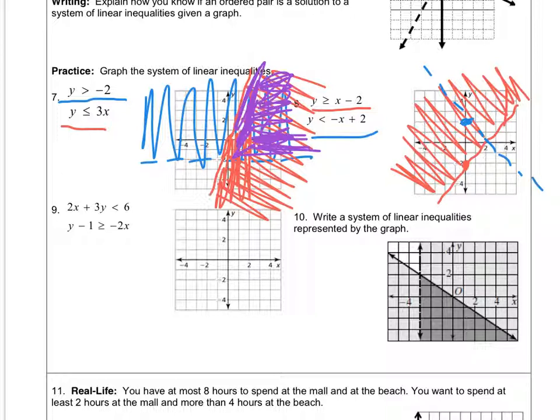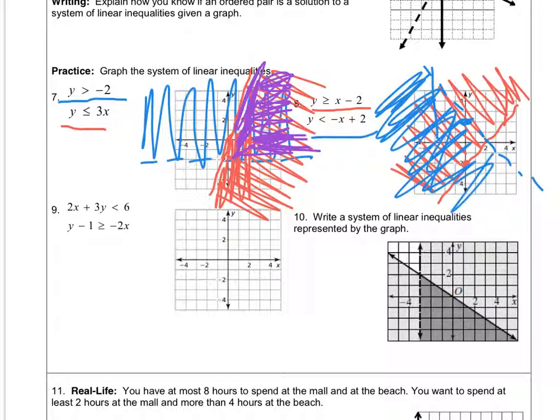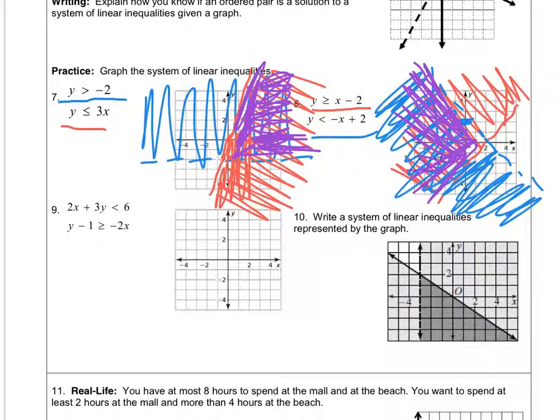And I'm going to put my pencil on the dotted line and draw straight down because it's less than. And that tells me that everything on this side of the dotted line is to be shaded. So I can see that right here, between my dotted line and my solid line, this little wedge is going to be my double shaded area. So I'm going to double it up so we can see it.